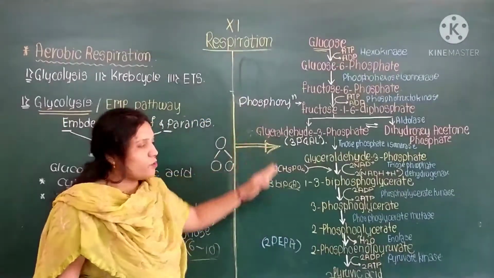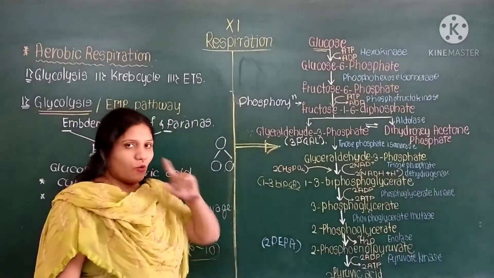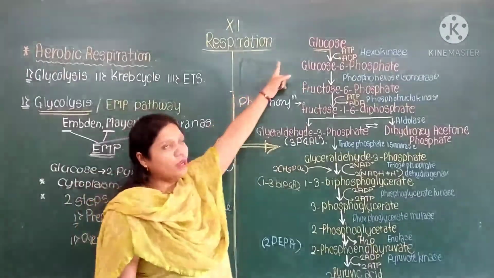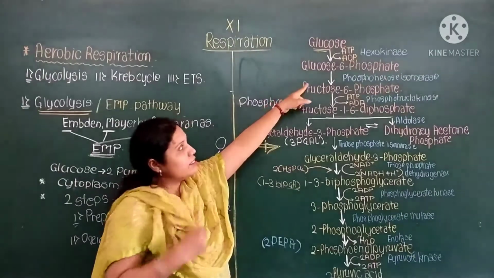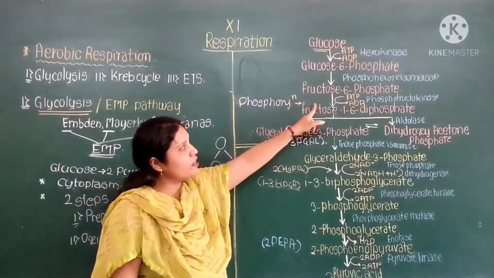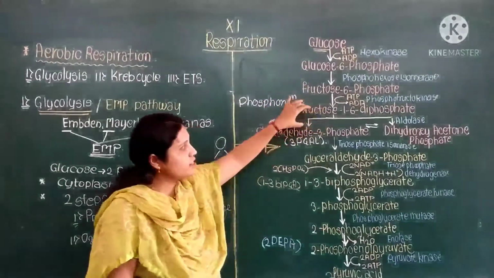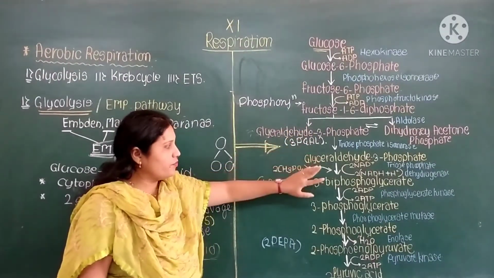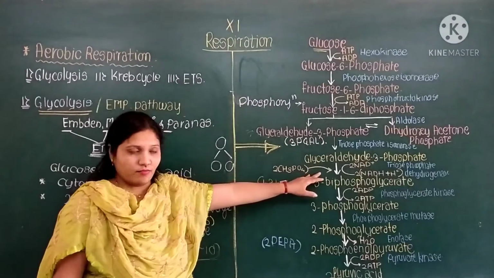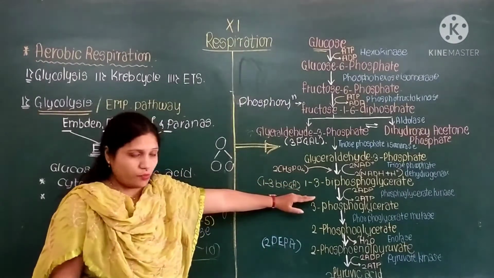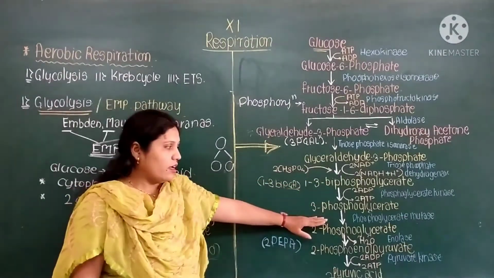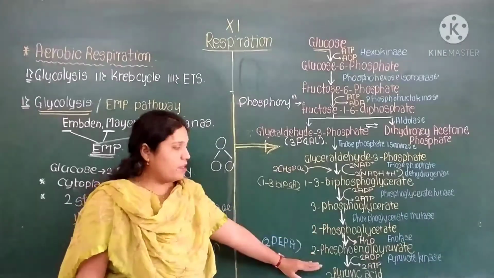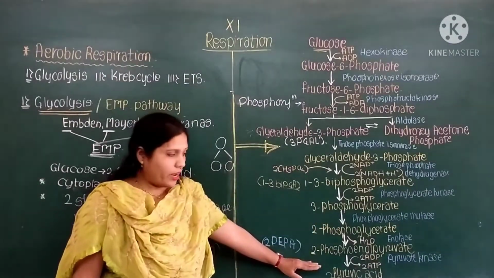So this is the process of glycolysis. Once again, in short, I will explain the steps. First one, phosphorylation. Second one, isomerization. Again phosphorylation, then cleavage, then isomerization, then oxidation, then dephosphorylation, isomerization, dehydration, and dephosphorylation.